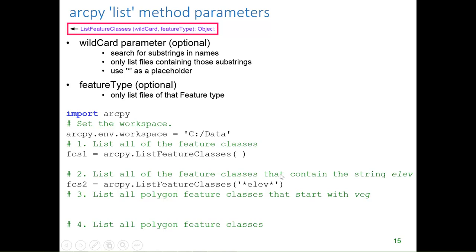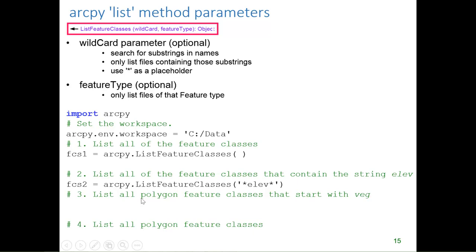So it would look like this. Quote, because it's a string, end quote, and we'd put a star on both sides because we want to be able to have anything go over here and anything go over here. We're just requiring that the substring ELEV be in there somewhere.